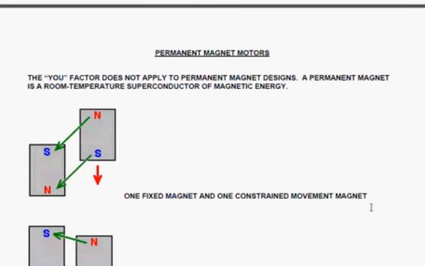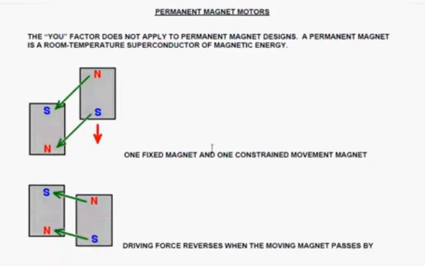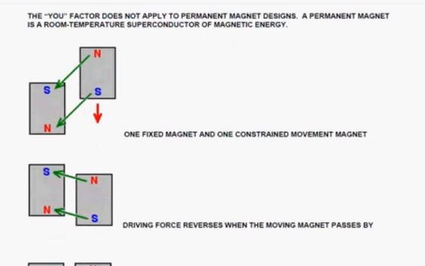So if you consider two magnets together, as shown here, the one on the left is fixed. The one on the right you can consider as being able to move vertically and only vertically. It's like it's attached to the outer edge of a disk.